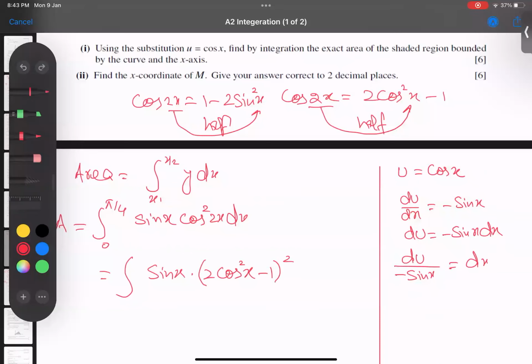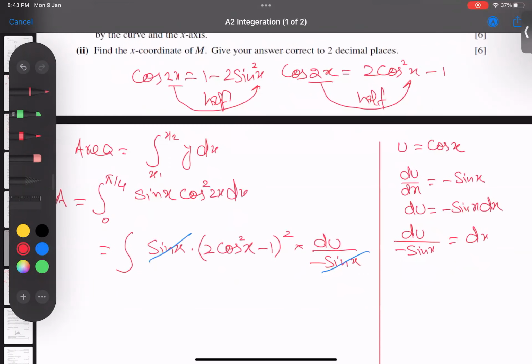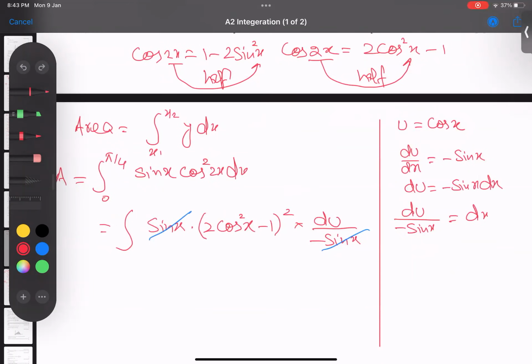I believe now gradually you are understanding what is going on. The sine x below will cancel with that. And this cos matches, so I can write now 2 and cos square the same. So I got 2u square minus 1, all squared, and du. But this minus is still there, so I write it outside.